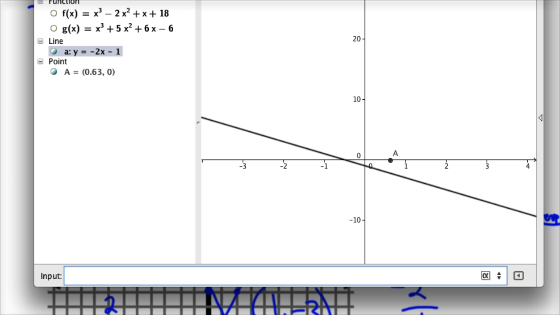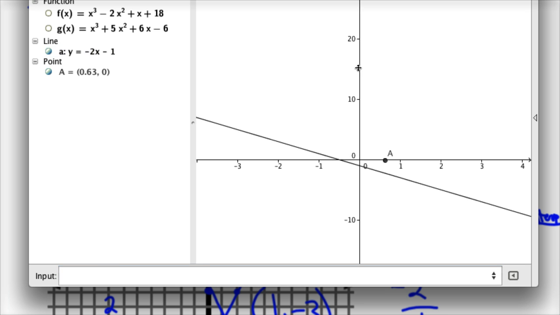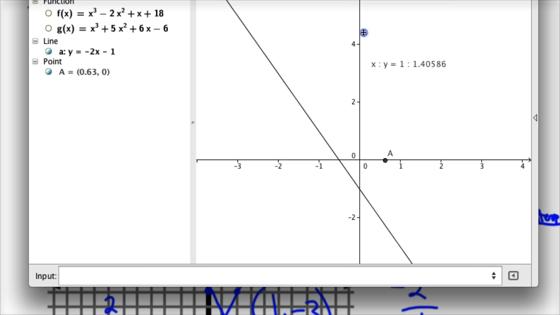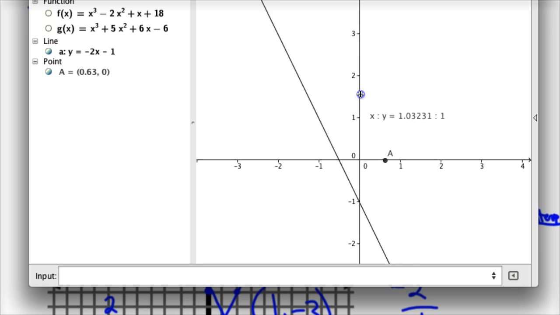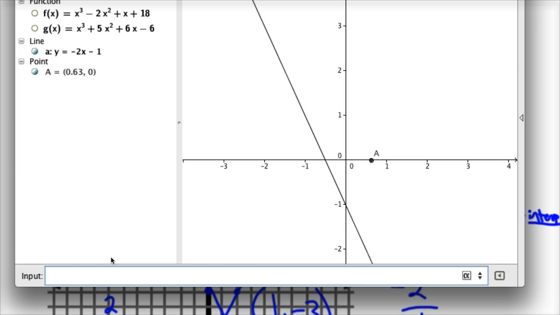And, oh, I see my scale is funky. Let me change the scale so I'm going by ones. There we go. So it looks about the same. There we go. And then my other equation was y equals 2x minus 5.